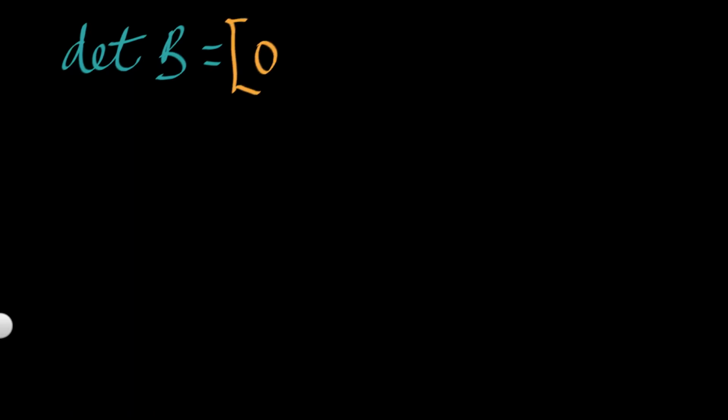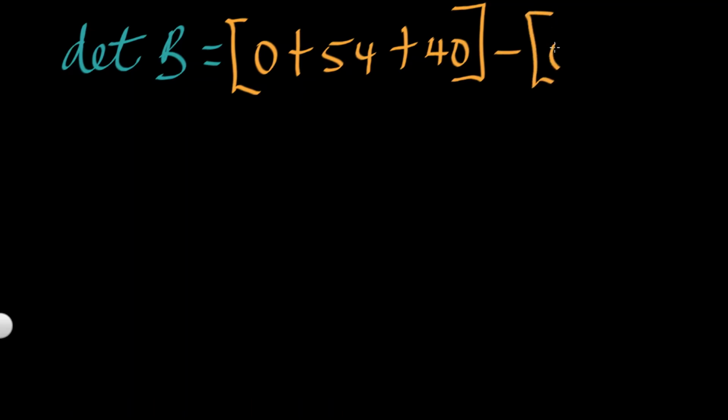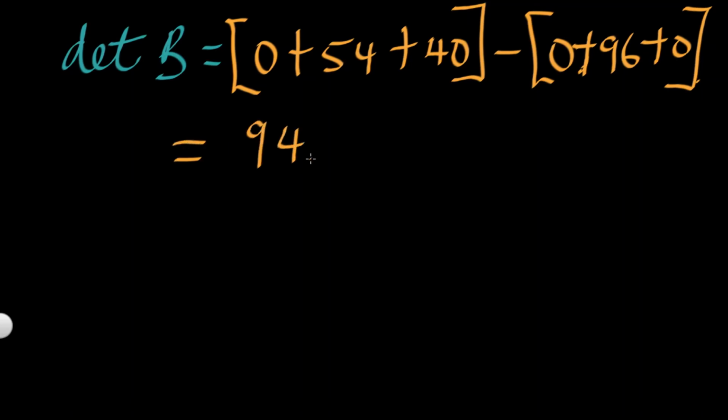So this was 0 plus 54 plus 40, minus 0 plus 96 plus 0. Which is 94 minus 96, which is minus 2.